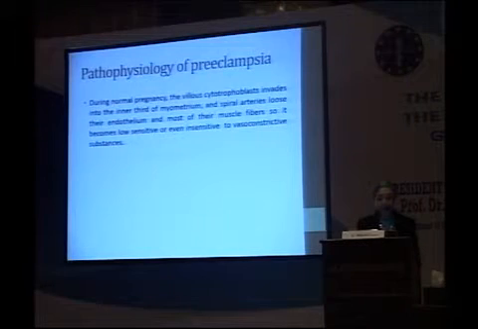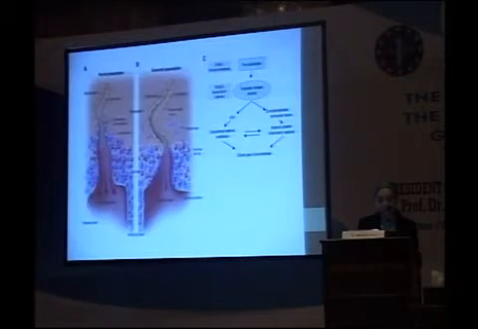Pathophysiology of preeclampsia. During normal pregnancy, the villous cytotrophoblast invades into the inner third of the myometrium, and spiral arteries lose their endothelium and most of their muscle fibers, so they become less sensitive or even insensitive to vasoconstrictive substances.